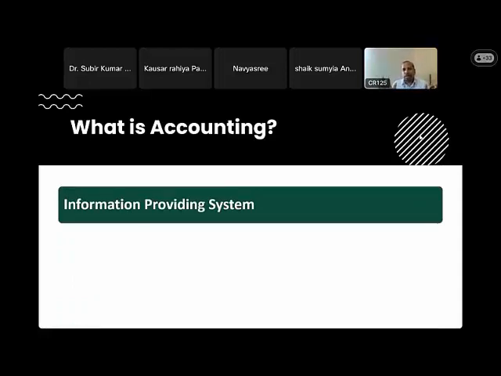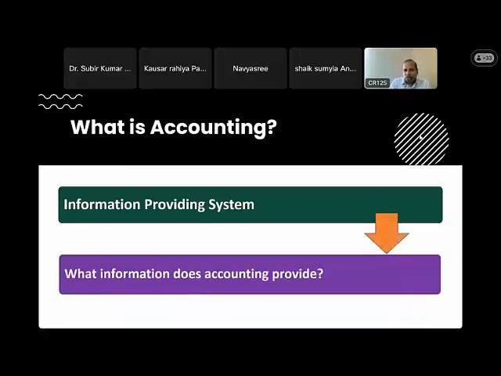It's pretty easy for us to remember. So what is accounting? It's an information providing system. Now the question arises: what information is accounting going to provide? Anybody would like to pop up, please?